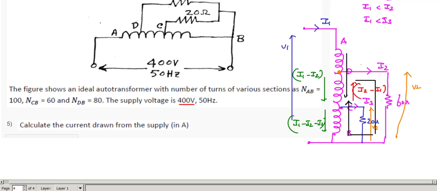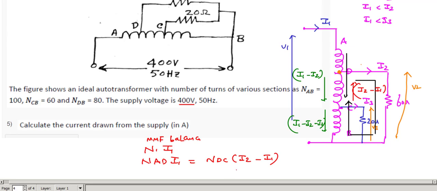So apply MMF balance to this winding section AD and winding section DC. What happens? N1 I1, that is NAD I1, equal to NDC into I2 minus I1.